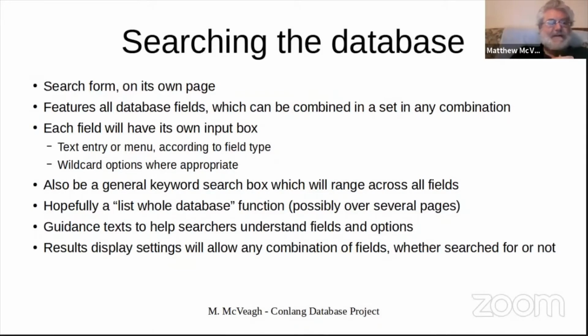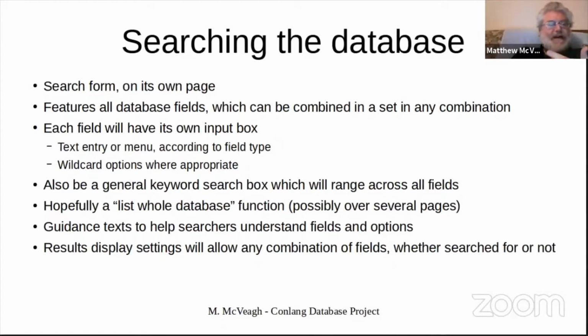So you can simply find a particular term if you think it might be in a conlang's record. And hopefully we'll also have a list whole database function, whether on one page or maybe 100 per page, so you could browse through the whole database, perhaps in alphabetical order or some section thereof, rather than doing a more specific search.